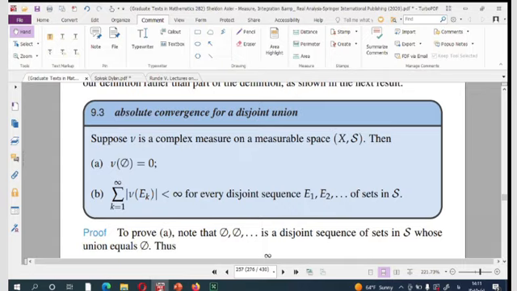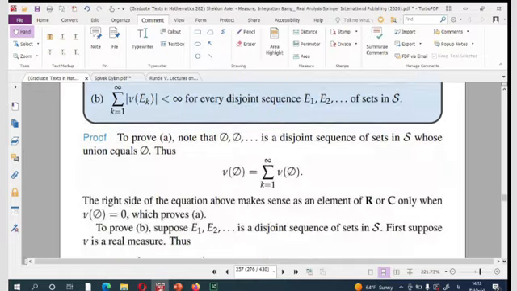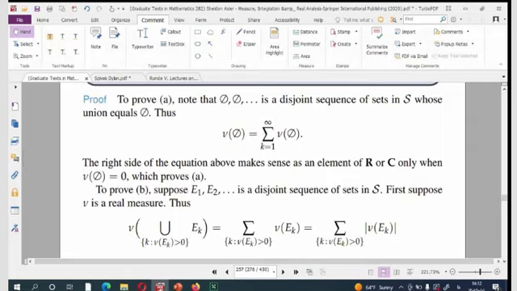Please note that nu of E_k is a real or complex number and we take its absolute value. This summation is finite.